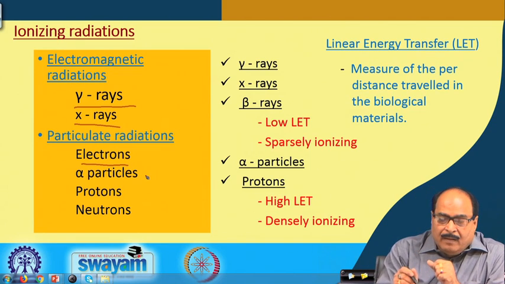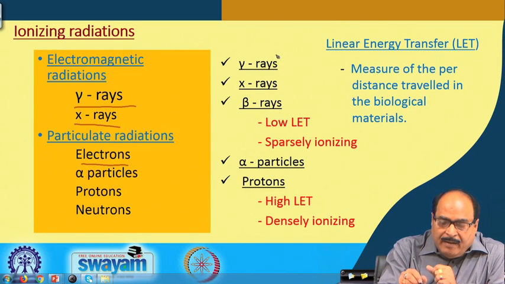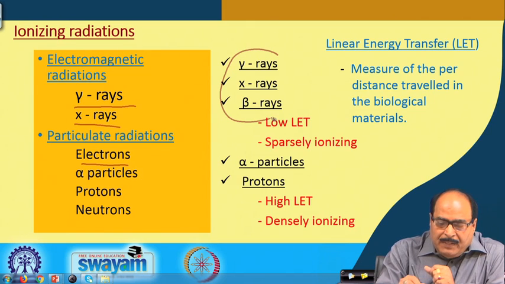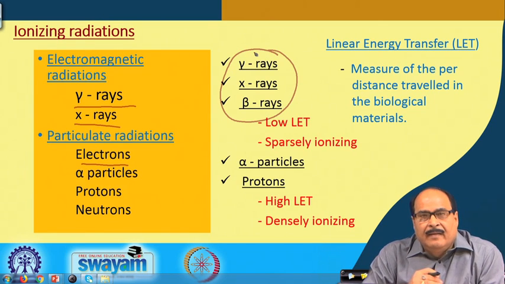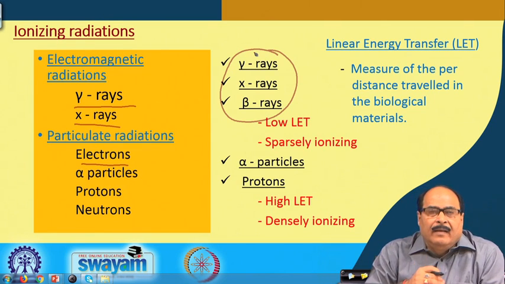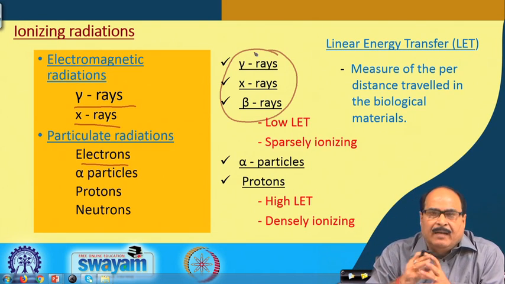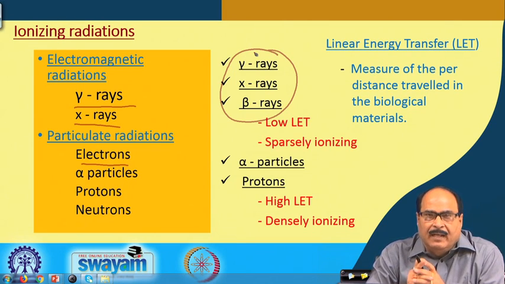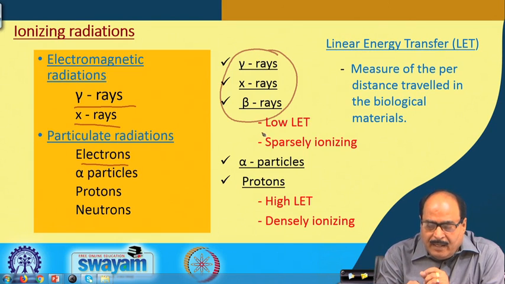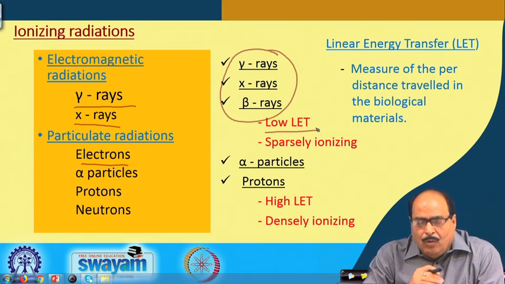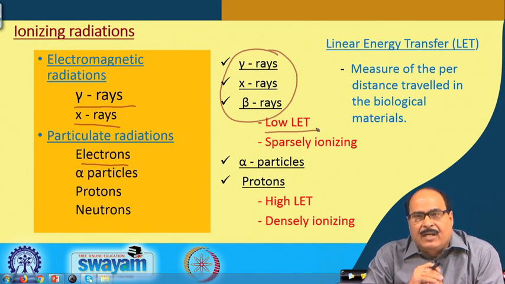The gamma rays, X rays and beta rays can travel deep into the mass and penetrate deep into the material, and therefore they have low linear energy transfer.